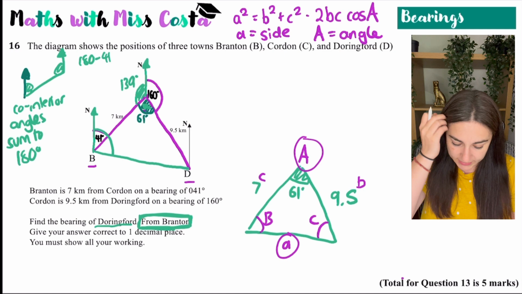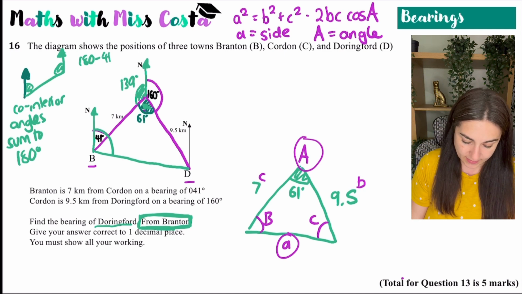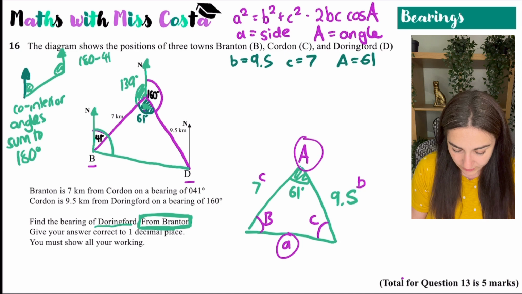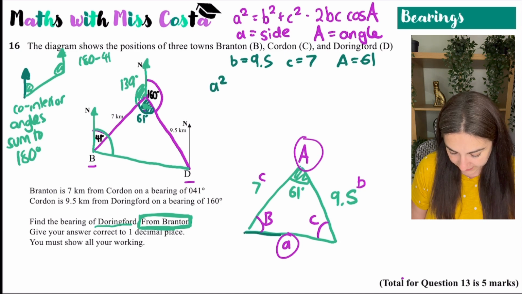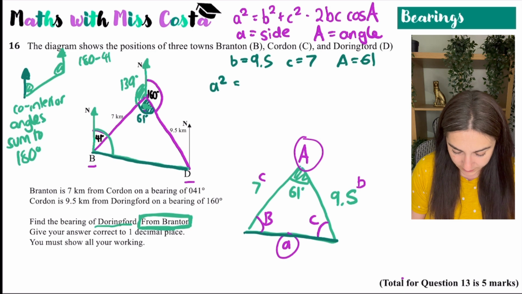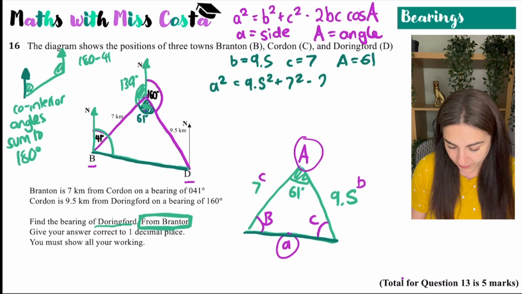So I know that b is 9.5, c is 7, and big A is 61. To work out the length of this side, which is what my bearing of BD is on, I would do 9.5 squared plus 7 squared, take away 2 times 7 times 9.5 times cos 61.